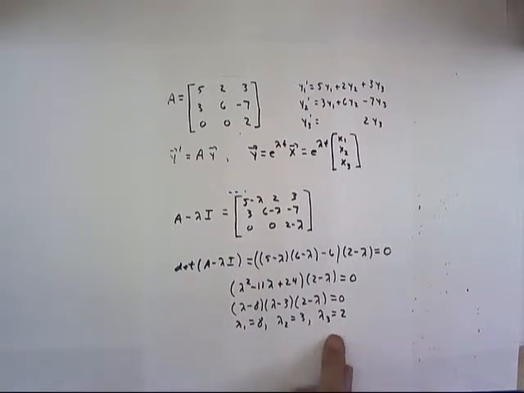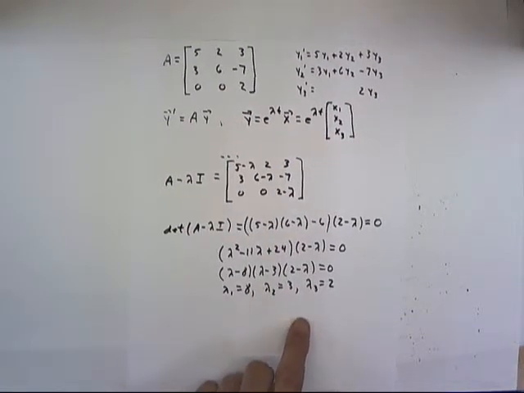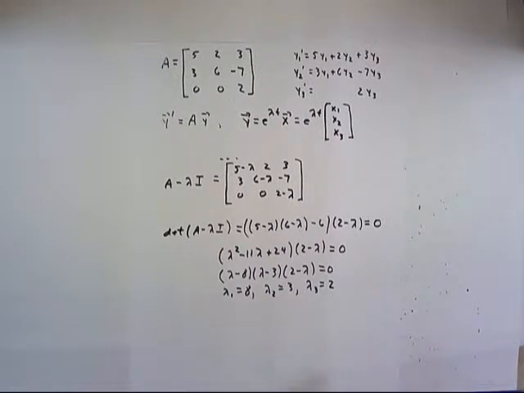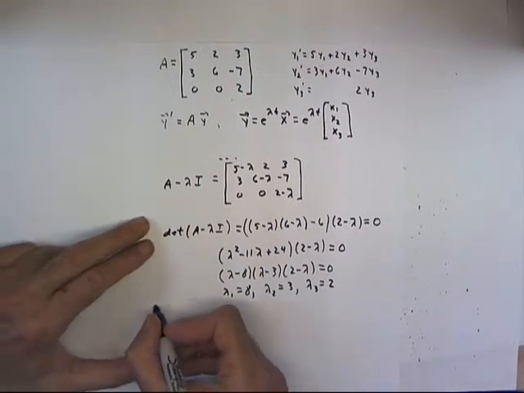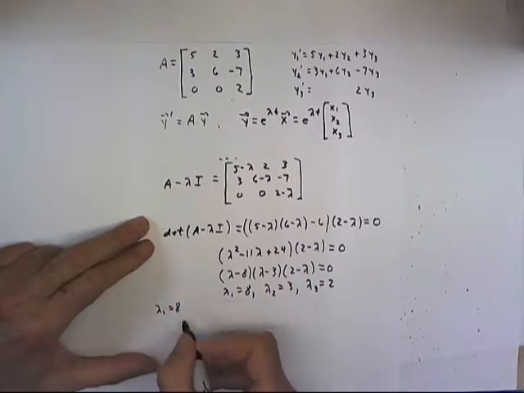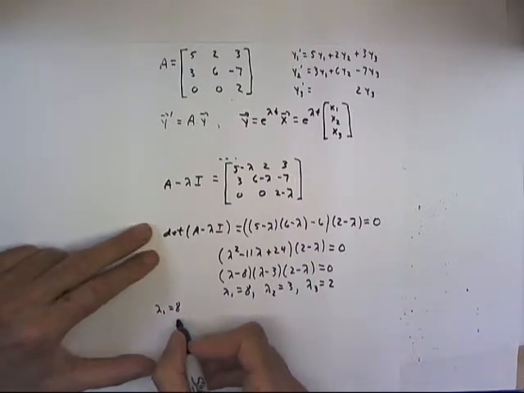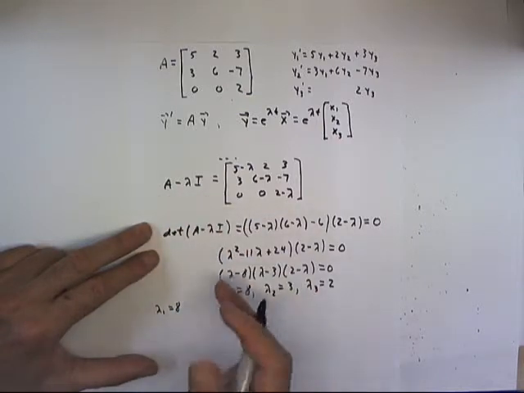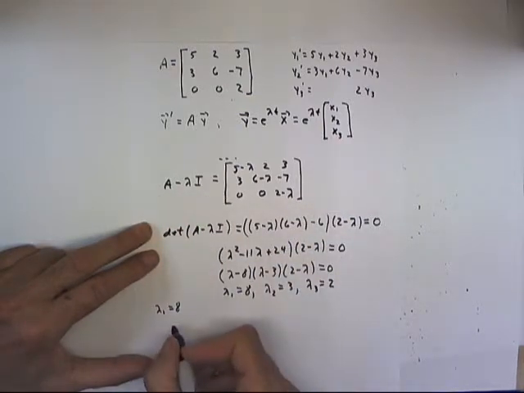Each of these eigenvalues should give us an eigenvector. Using lambda 1, our matrix equation now will be A minus lambda I times x equals 0.